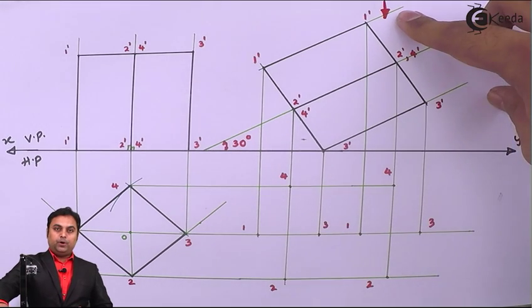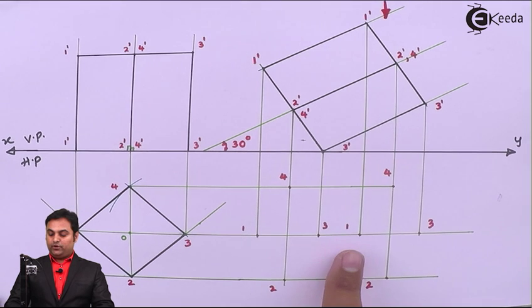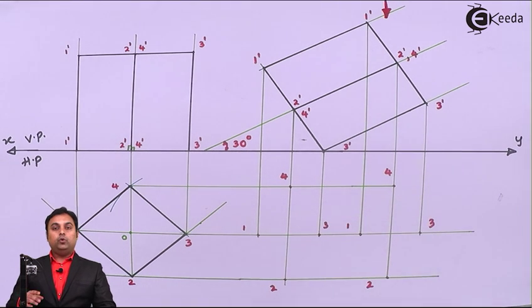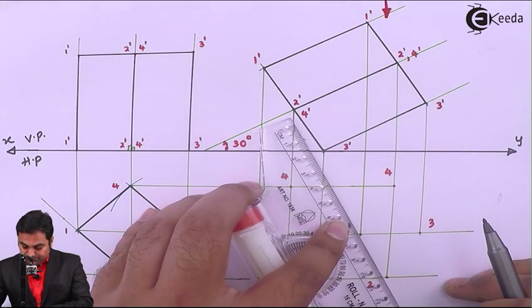When I am looking from top, this complete square face is visible. It means these points 1, 2, 3 and 4 will be joined with the help of a dark line.